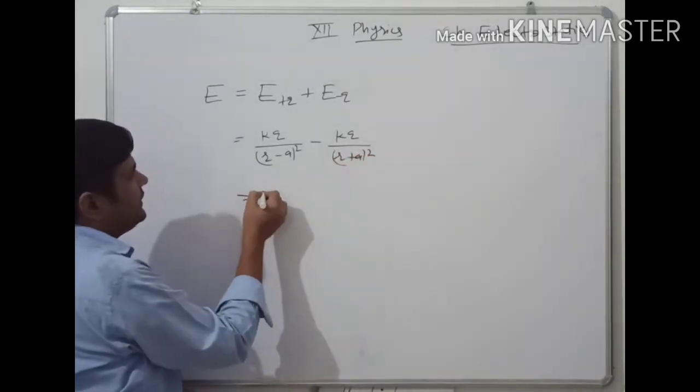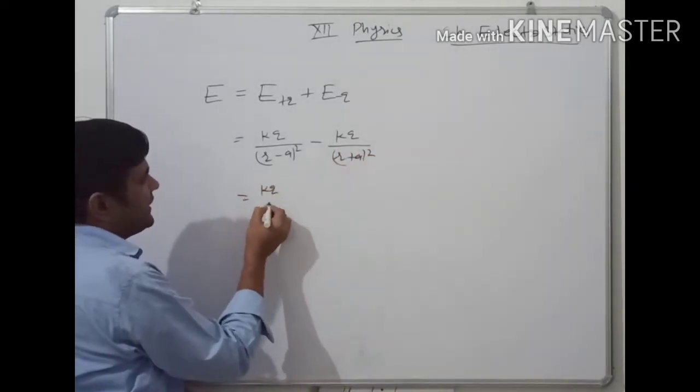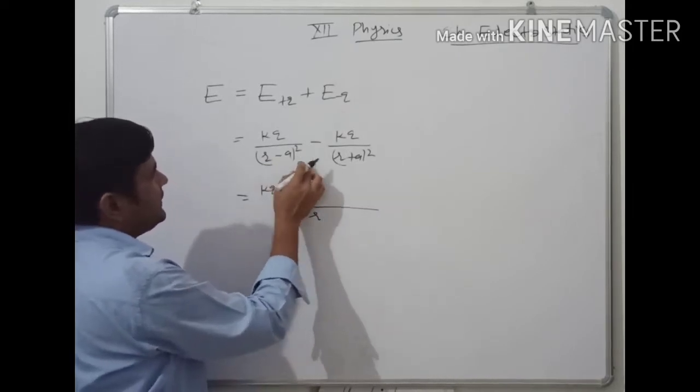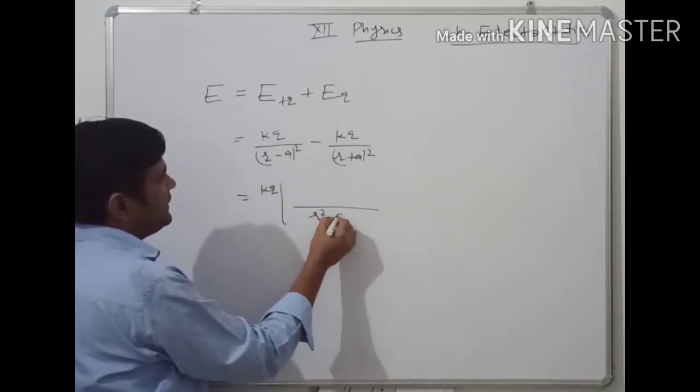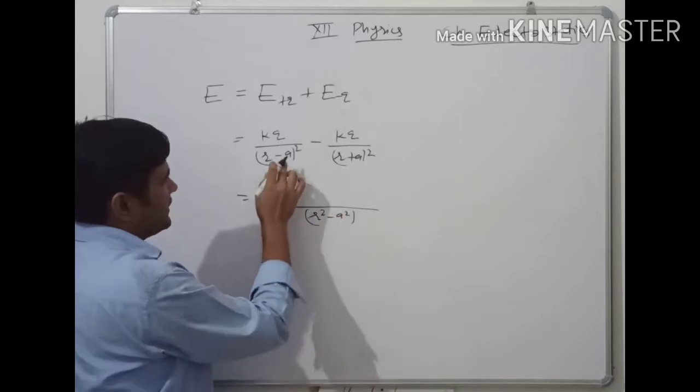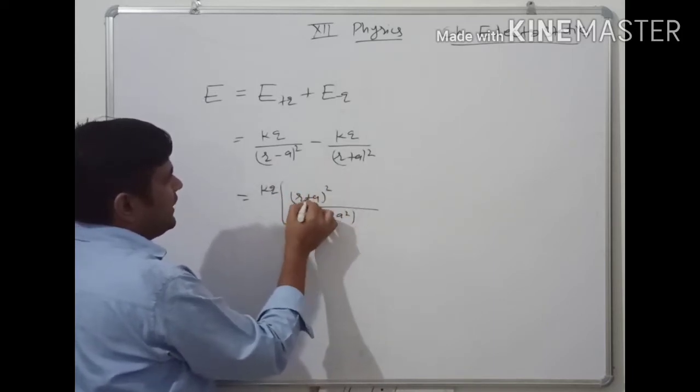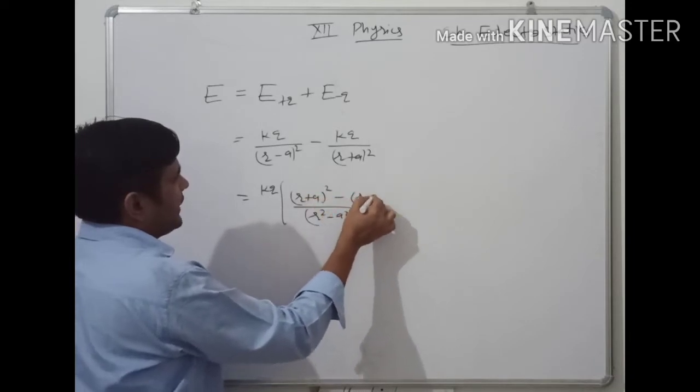Now kq is taken out common, and after taking the LCM, (a plus b)(a minus b) is converted into r square minus a square, and now the formulation is (r plus a) whole square minus (r minus a) whole square.